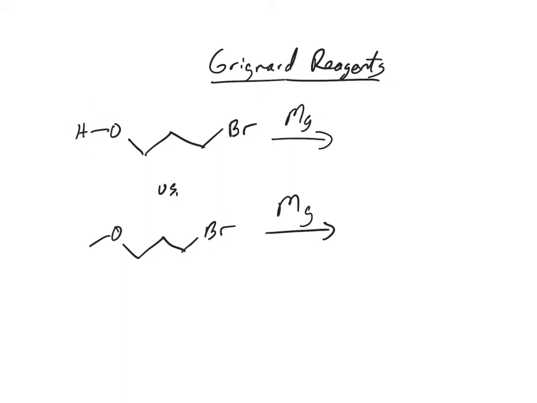So in this case, this reaction actually won't work, because if this ever did form that Grignard there, this negative charge would react right there. So it just won't work. Now here's an ether. It's a little different. That's not necessarily a really good electrophile. So this will actually work and will make the Grignard reagent you'd expect.